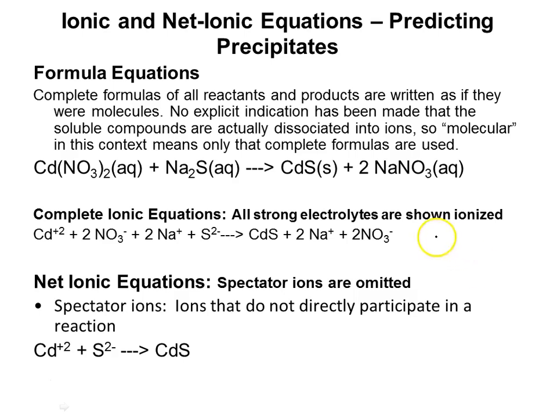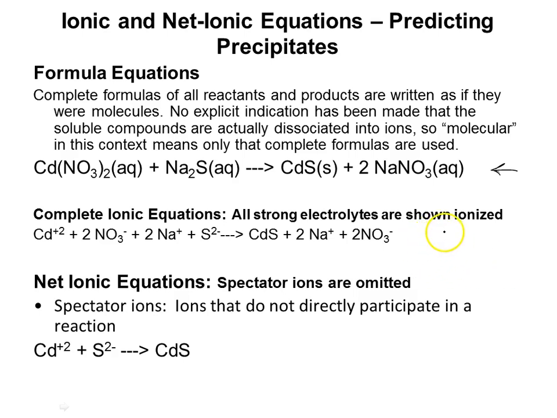In previous chemistry classes, you wrote formula equations or molecular equations, where you saw all the species that were there in the beaker, every cation, every anion, states of matter, and all those kinds of things. So it's the complete formula, and of course it's balanced. From here on out, we're balancing everything. To get from the formula equation to the net-ionic equation, first we start out with a complete ionic equation.